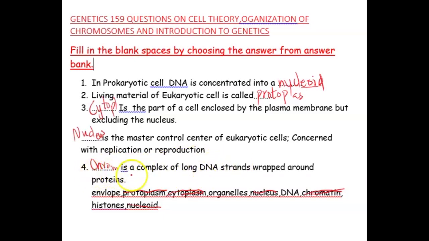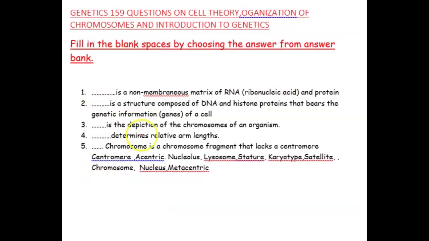The next part: dash is a non-membranous matrix of RNA, which is ribonucleic acid, and protein. You can pause and answer them yourselves, but the answer for number 1 is the nucleus.